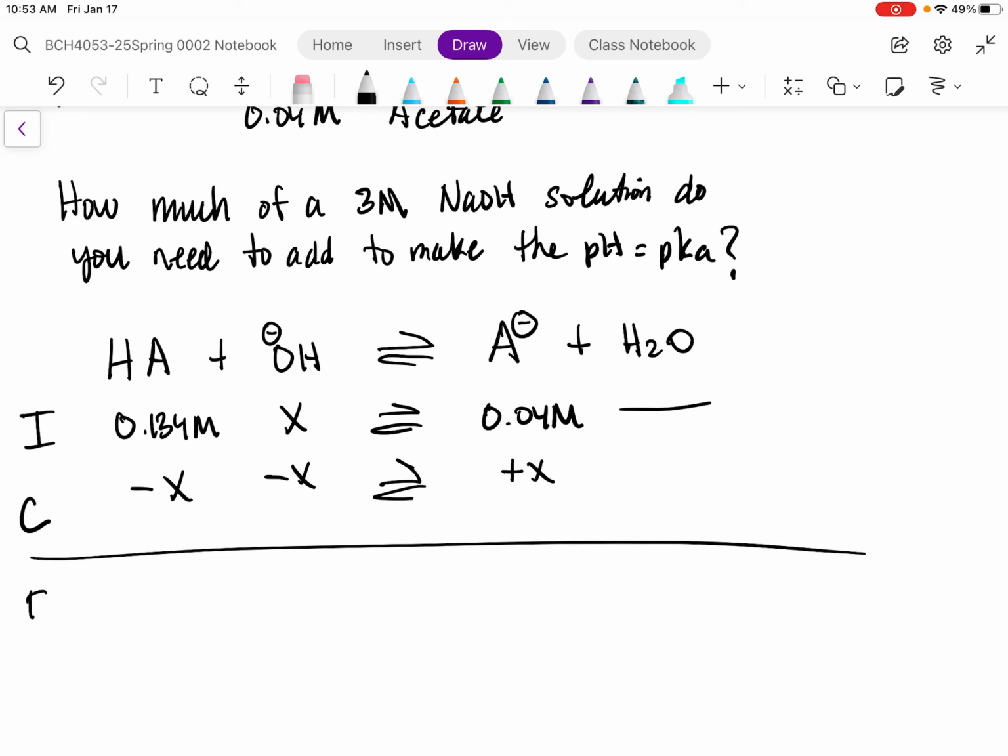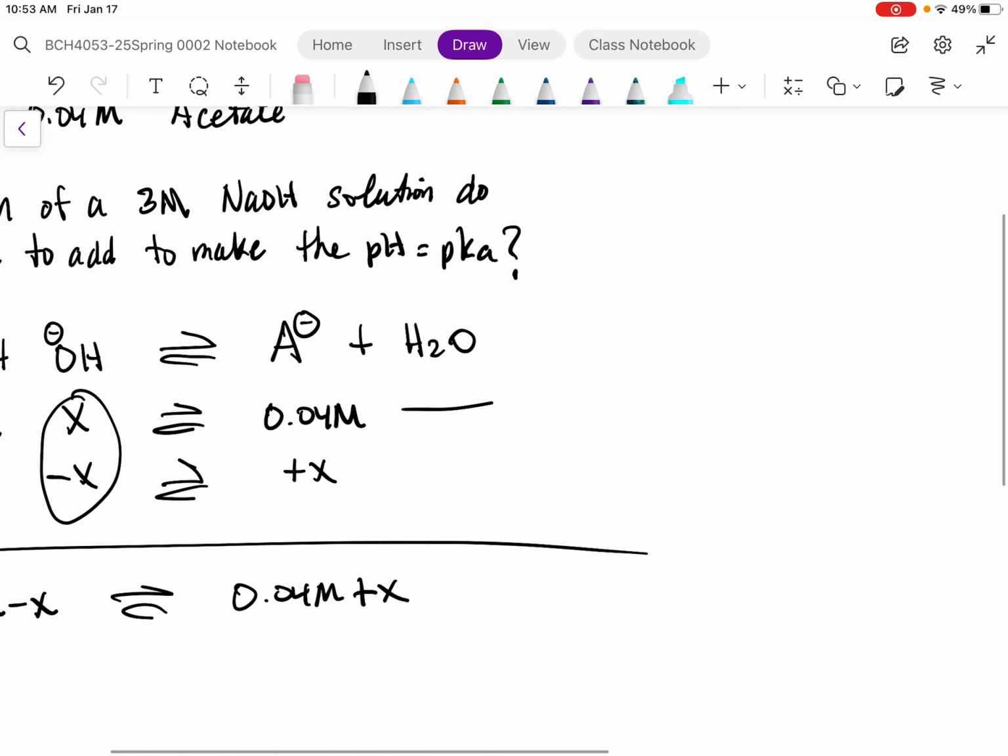So at equilibrium, we have 0.134 molar minus X. Those two X's cancel each other out, and then we're left with 0.04 molar plus X. And X is the concentration of the sodium hydroxide solution that we're adding.